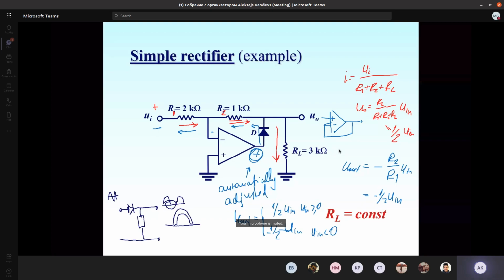What does automatically adjusted mean? Actually, this circuit, because of the feedback, tries to keep this voltage equal to 0, as we know. So when we have a negative voltage here, it should be equal to 0.